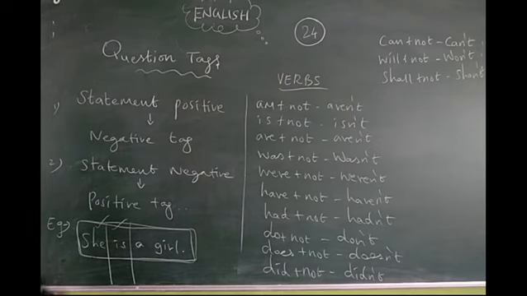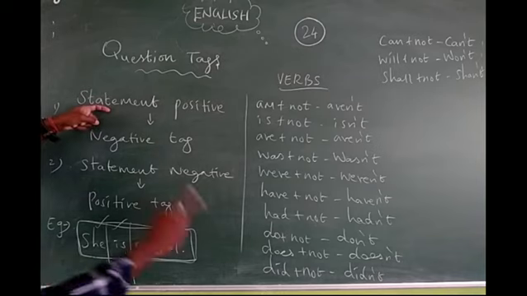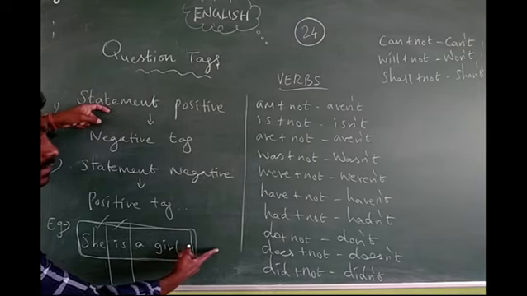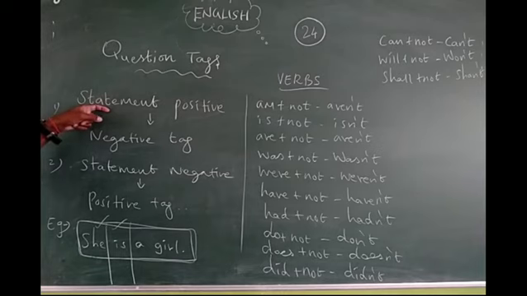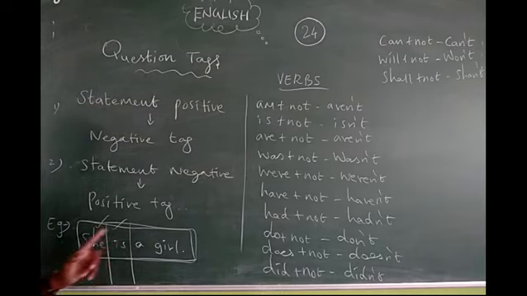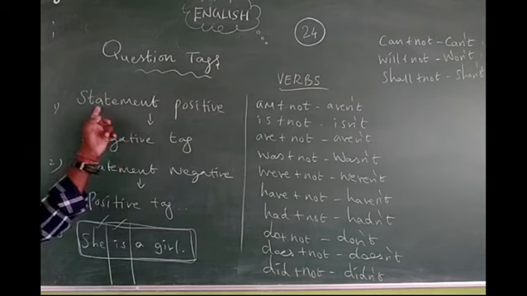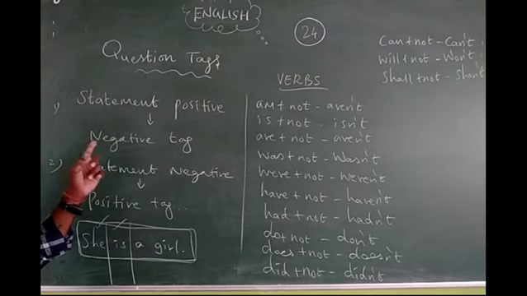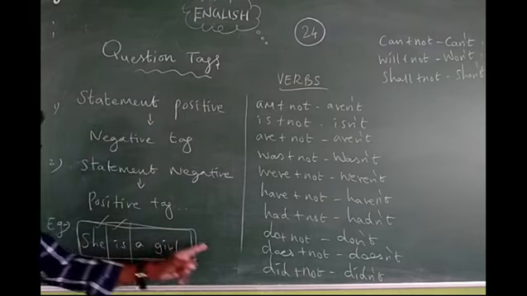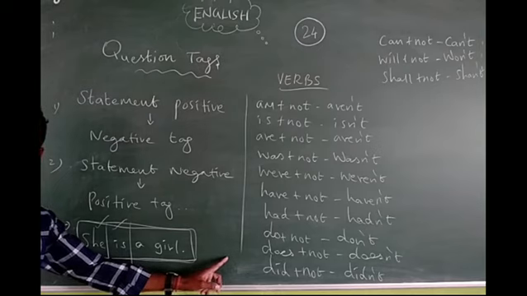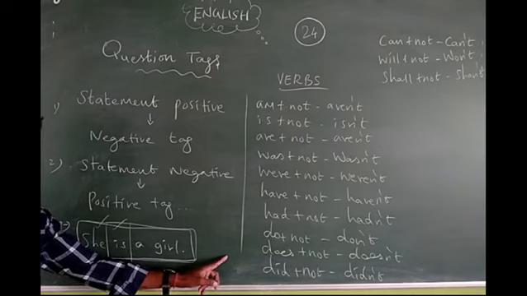Okay. If the statement is positive, our question tag must be negative. That is the first rule. See the sentence: she is a girl. Is the statement positive or negative? Positive, sir. So then the tag must be negative. Got an idea?